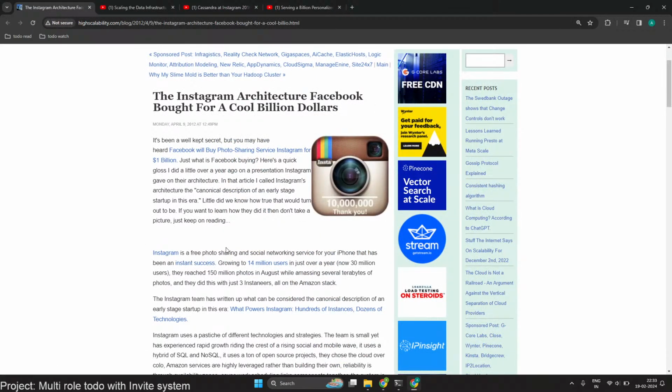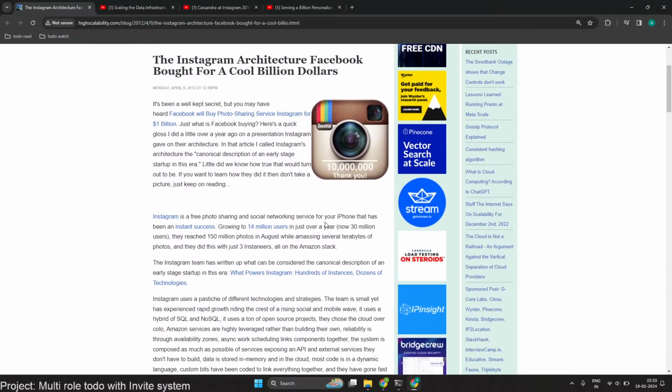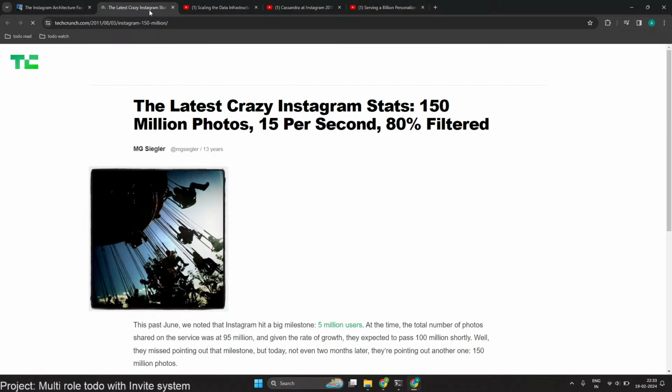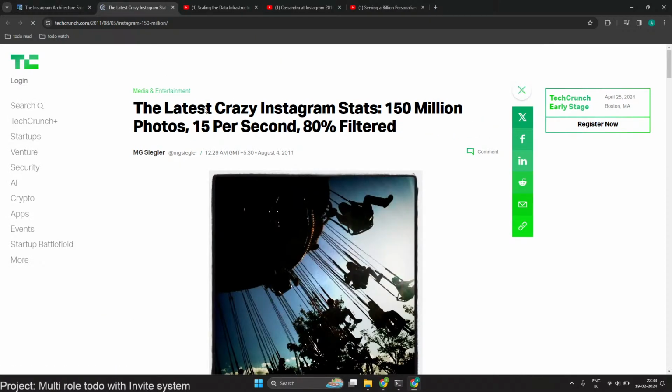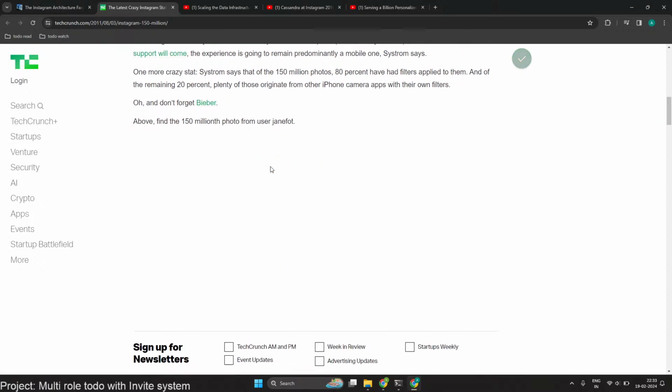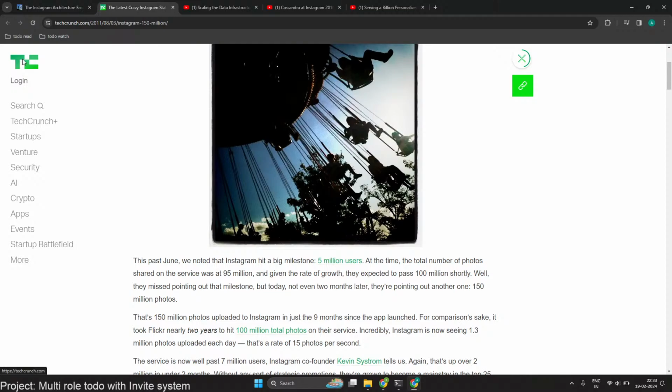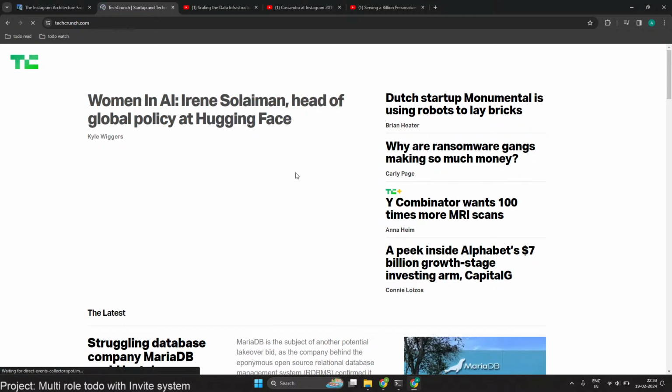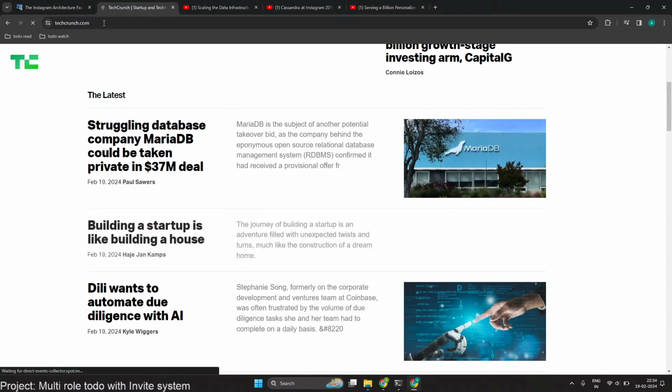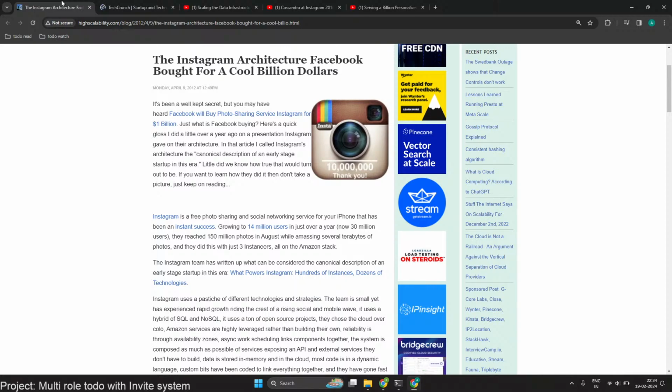It is a free photo sharing social network service for your iPhone that has been an instant success. Like 14 million users, it just took now 30 million users.